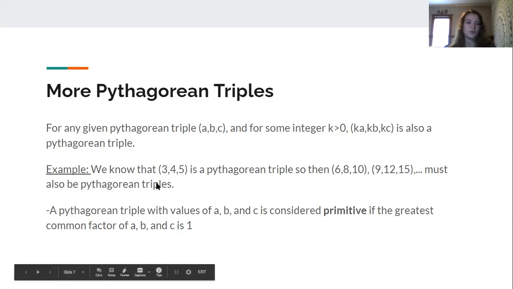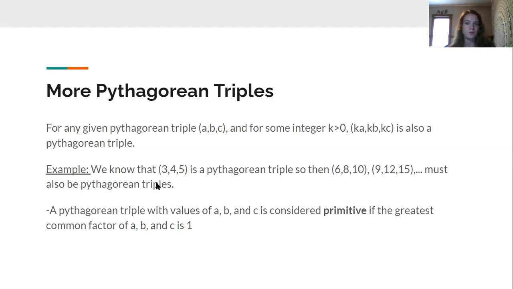An example of this is, we already know that 3, 4, 5 is a Pythagorean triple. So if we use the k value of 2, then we would get ka equals 6, kb equals 8, and kc equals 10. And if we took 6, 8, 10 and plugged it into the equation a squared plus b squared equals c squared, we would see that it satisfies that equation.